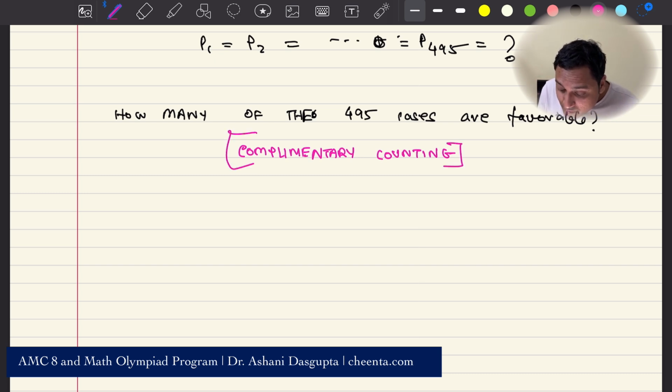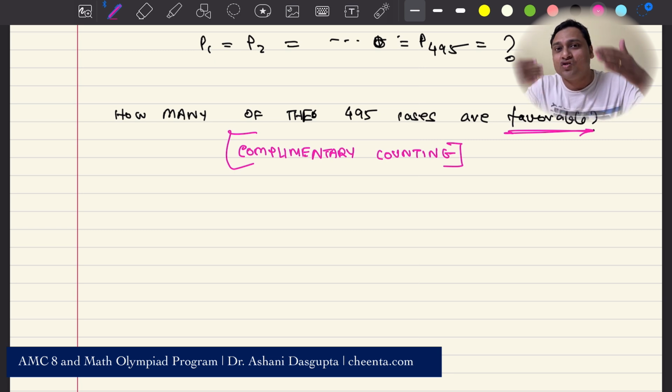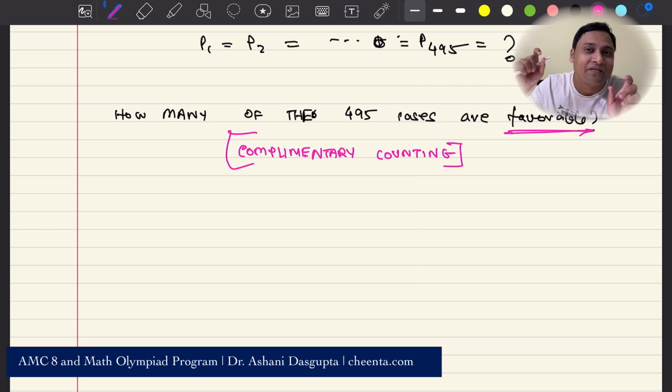Favorable means in how many of those cases 2 adjacent seats in a row will be empty. We can check case by case and just take the ones which are favorable. And for a computer to do it, it's very easy. Maybe you can write a little algorithm, check each of those cases, and check the row number and column number and check if it is favorable or not.